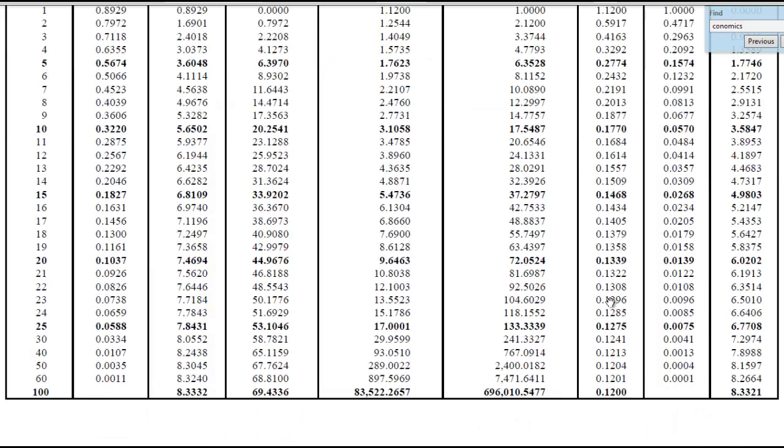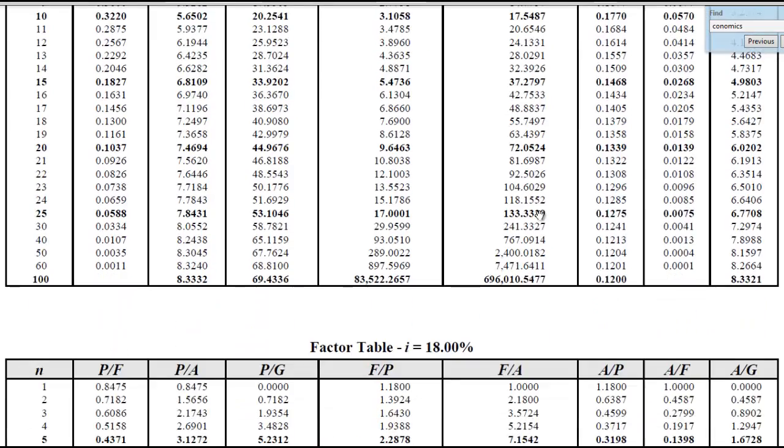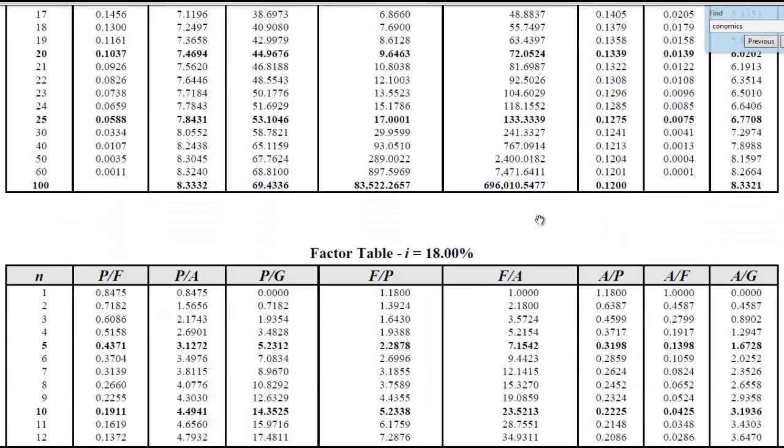But this is for 12%, so it is not exactly that. Let's go to 18%, 4 years, A/F 1, 2, 3, 4, 19. So this is decreasing, right? I had 0.2092, and here I have 0.1917. So it's decreasing, but not a lot.